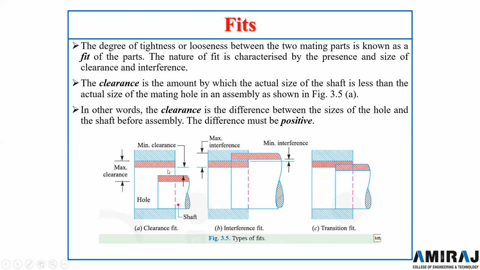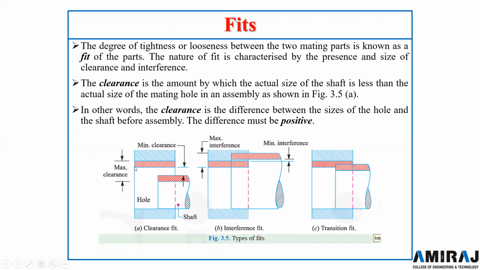There is a space between them when we assemble them. So that is the clearance. In other words, the clearance is the difference between the size of the hole and the shaft before assembly.